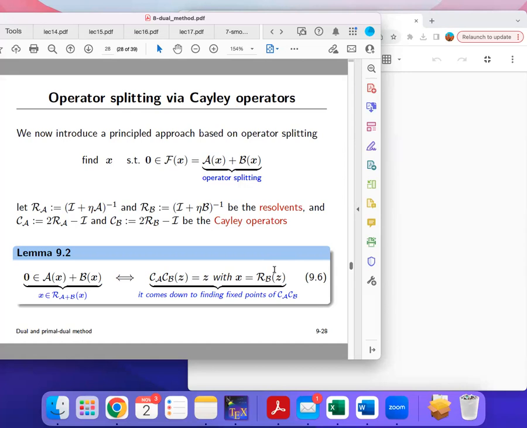We are not looking at R_{A+B}, so this completely avoids that complicated operator. So we successfully split the resolvent of these two operators into smaller operators, but through a very complicated scheme. So this is the trade-off.